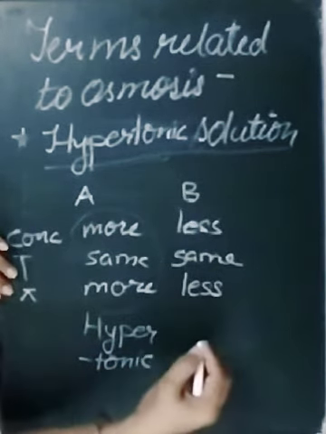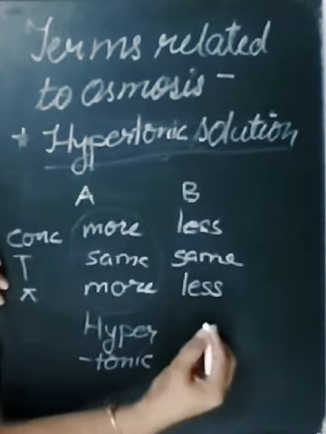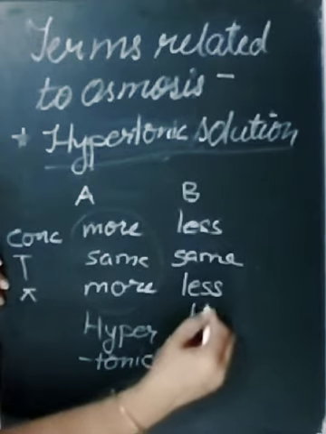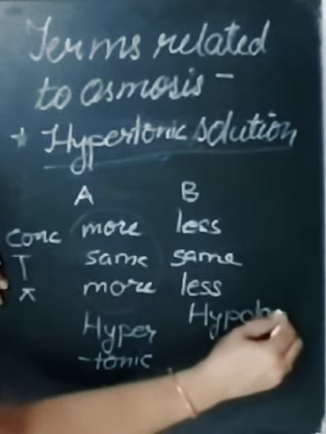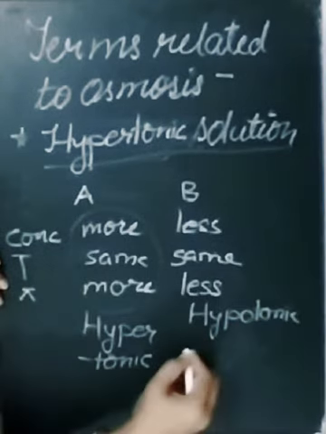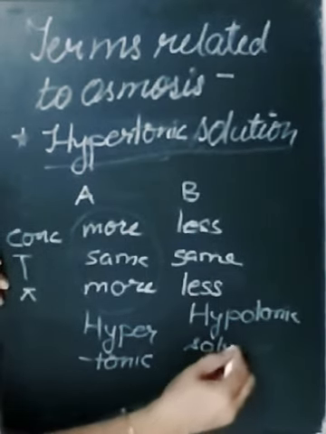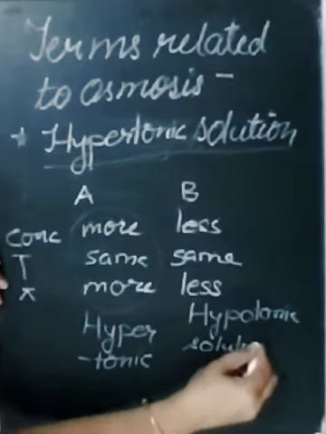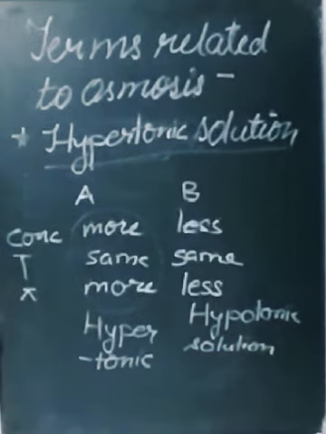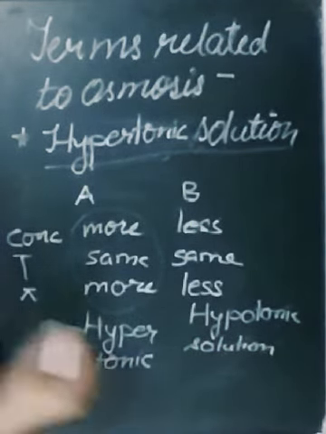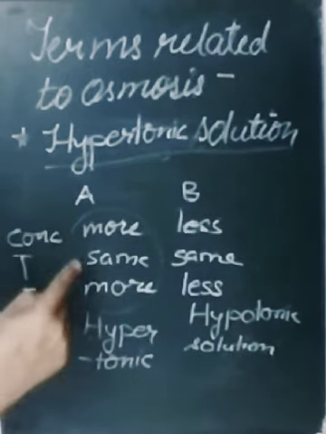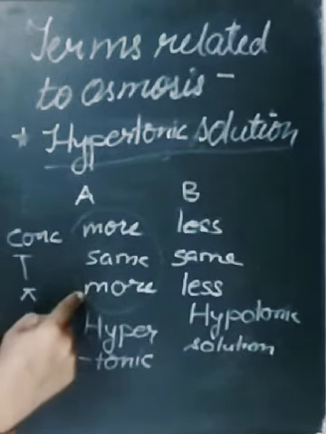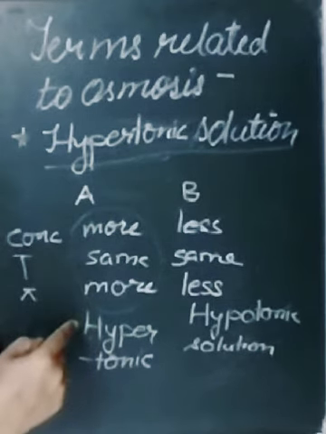Another which is having less osmotic pressure and less concentration, that is said to be hypotonic solution. Low solute concentration, low osmotic pressure, hypo means lesser, hyper means more. High solute concentration or high osmotic pressure, that is hypertonic.